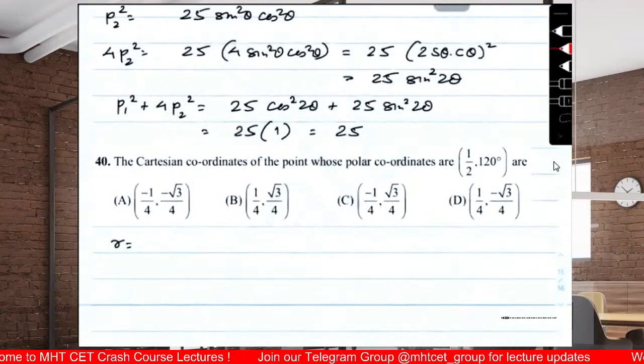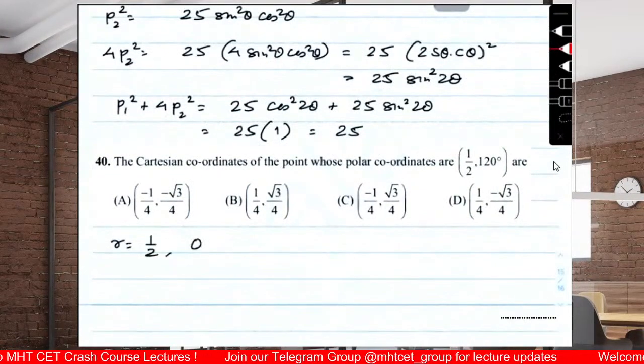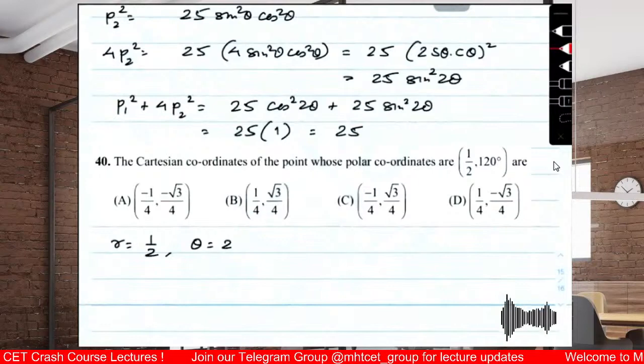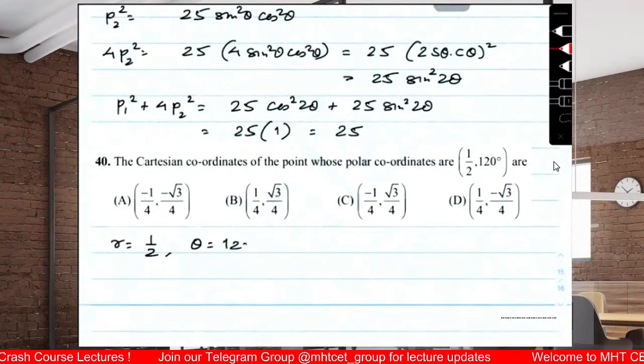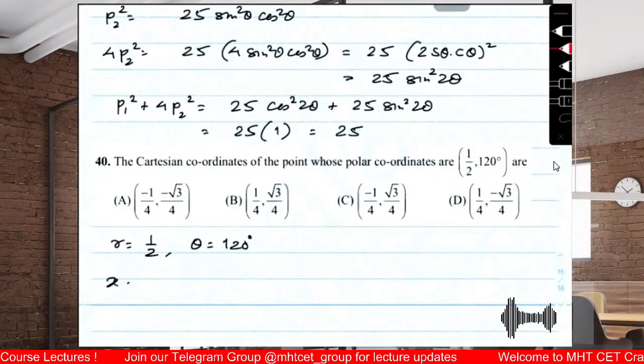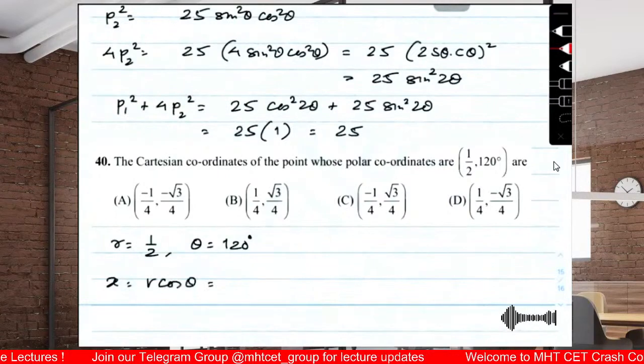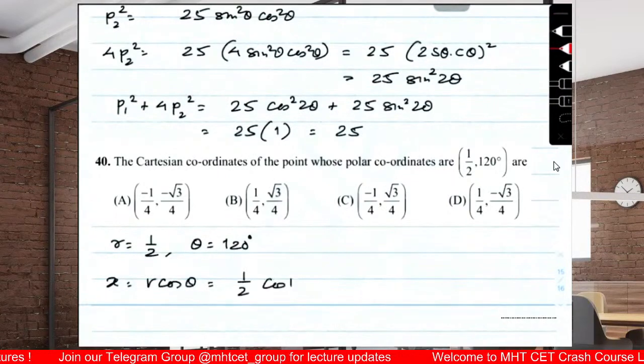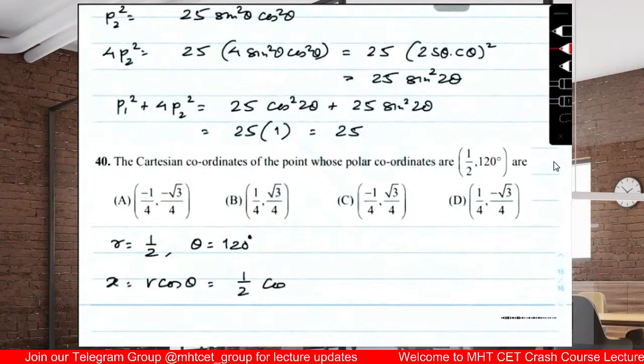So r is half and theta is 120. So x is r cos theta, that is half into cos 120.